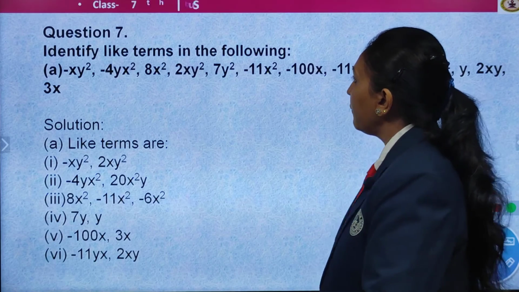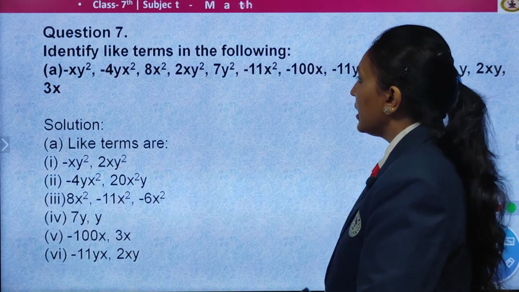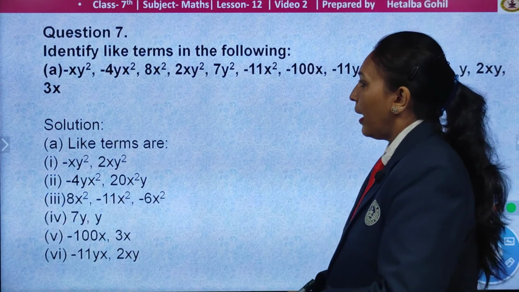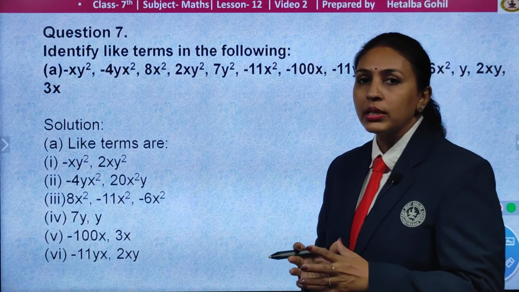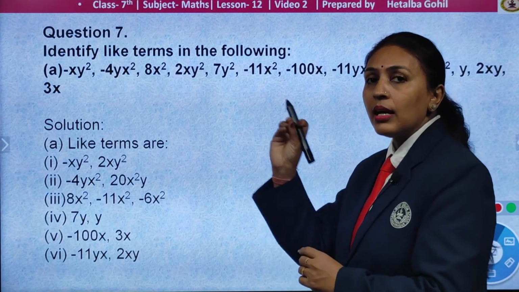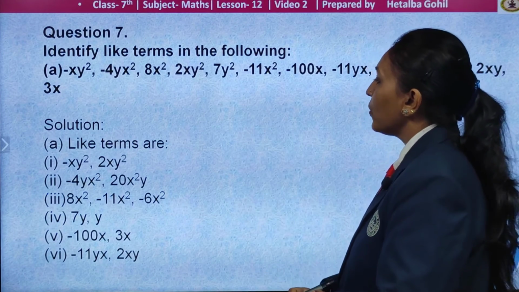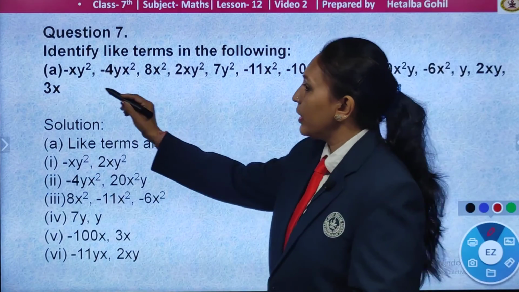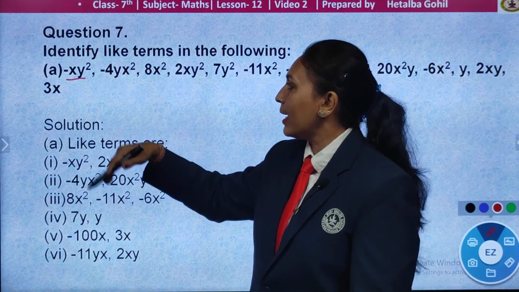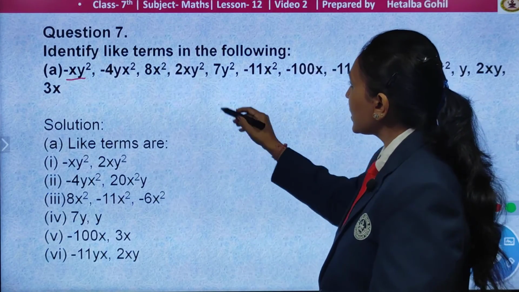Now, identify the like terms in the following. Children, so many terms are listed over here, and from there you have to pick out the like terms. Just try to match the variable and the exponents also. So here you can see, start with x minus xy square. You find another term that has xy square. Where is xy square?